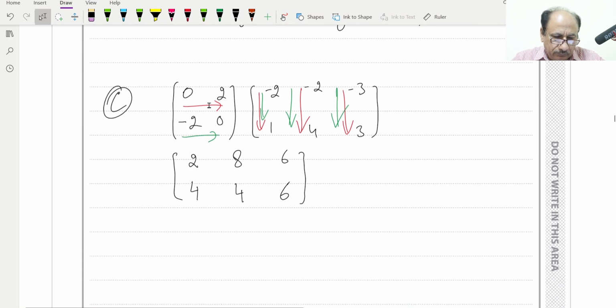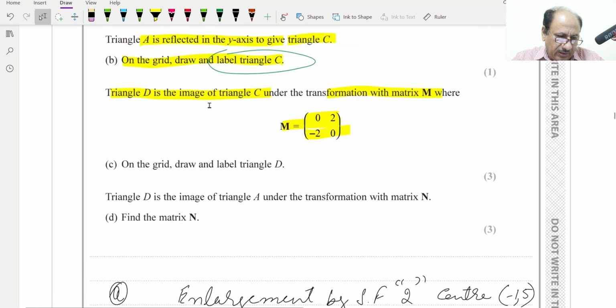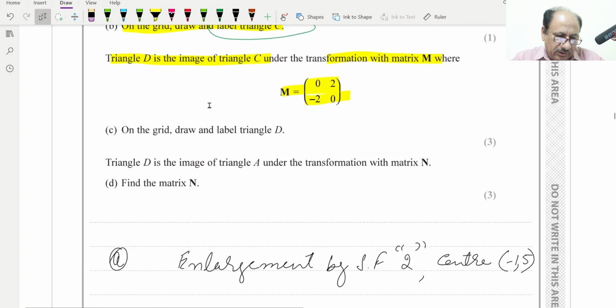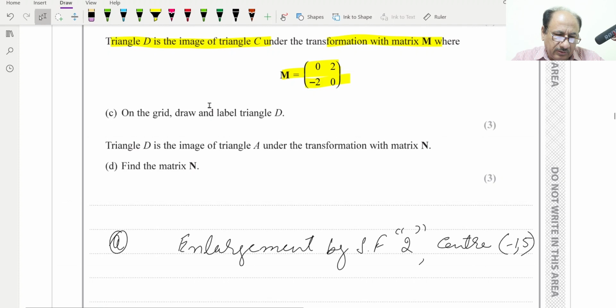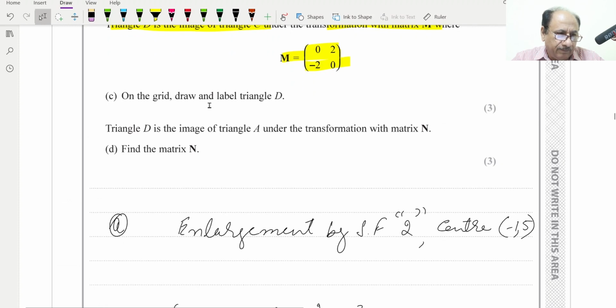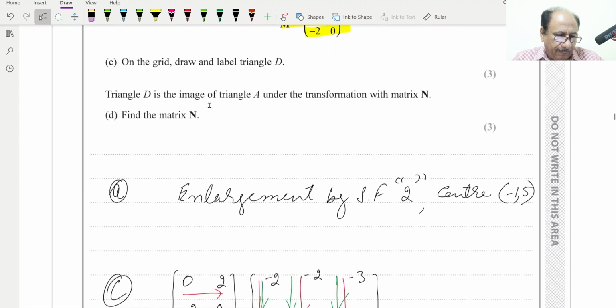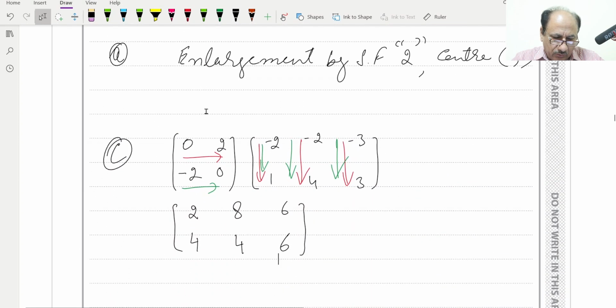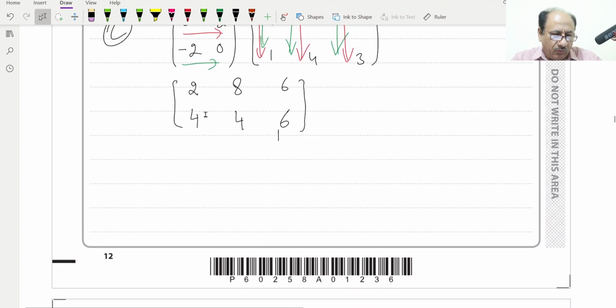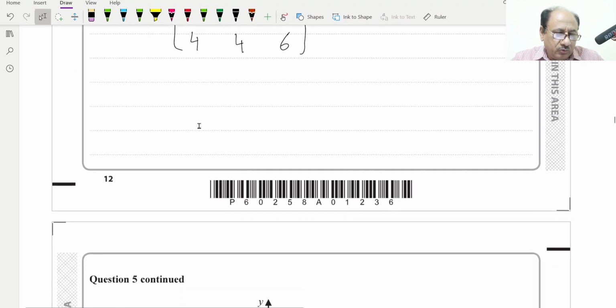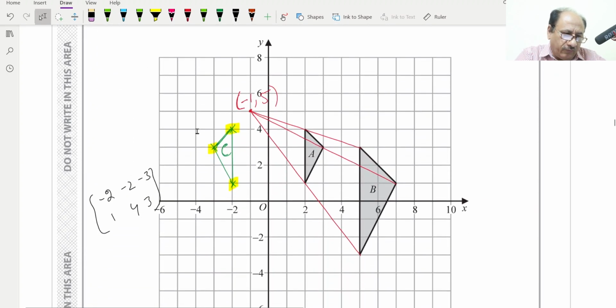And after getting this matrix, on the grid, draw and label the diagram D. So we have to draw this diagram D, and we got the coordinates (2, 4), (8, 4), (6, 6). First we will check for (2, 4), which is this one.